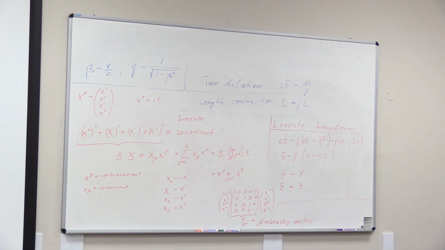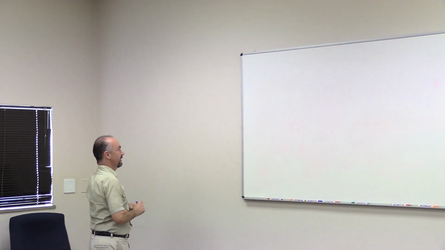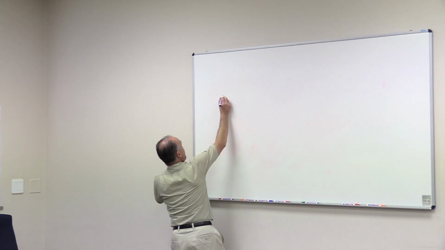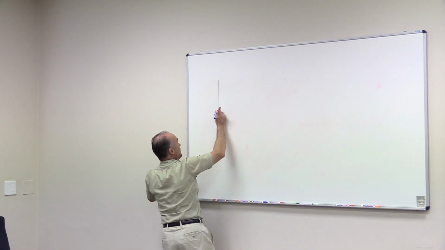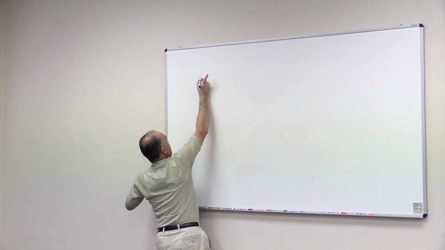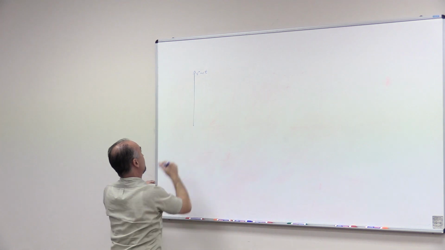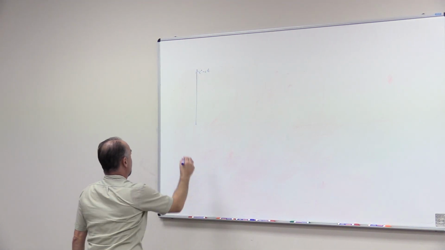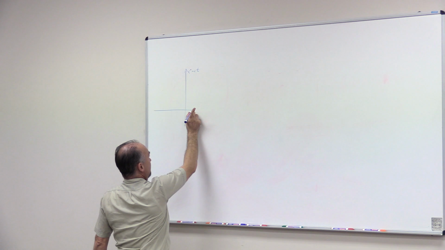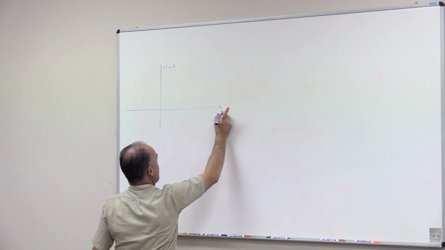So let's forget about y and z components. We know they're not changing under transformation in x anyway. So let's just draw essentially a coordinate system where we have our x0 equals ct going up, and then let's just do only one space dimension, let's call that x.